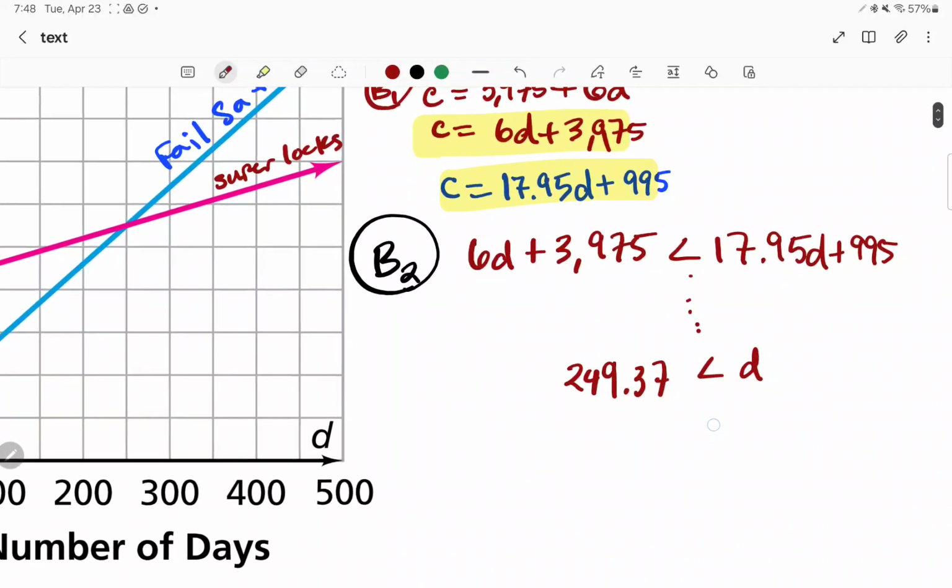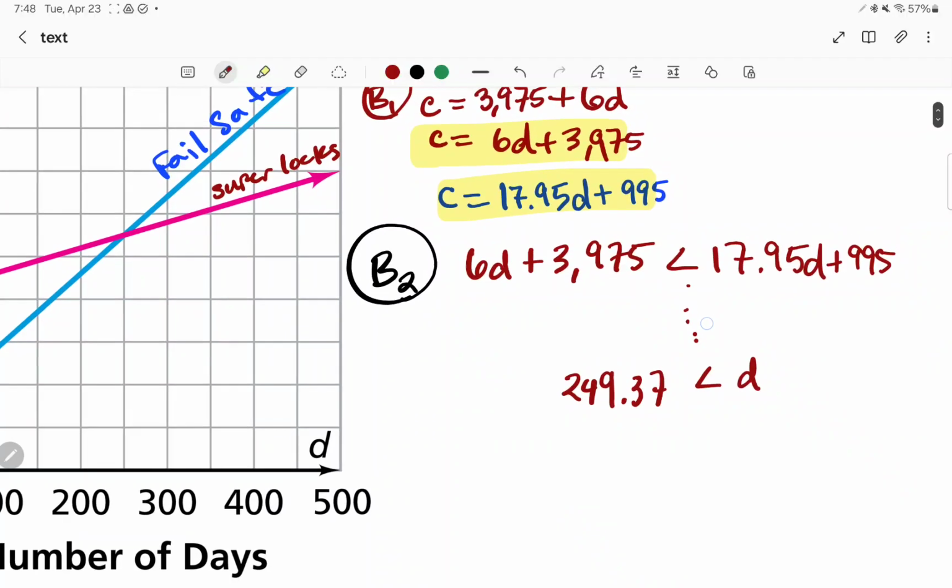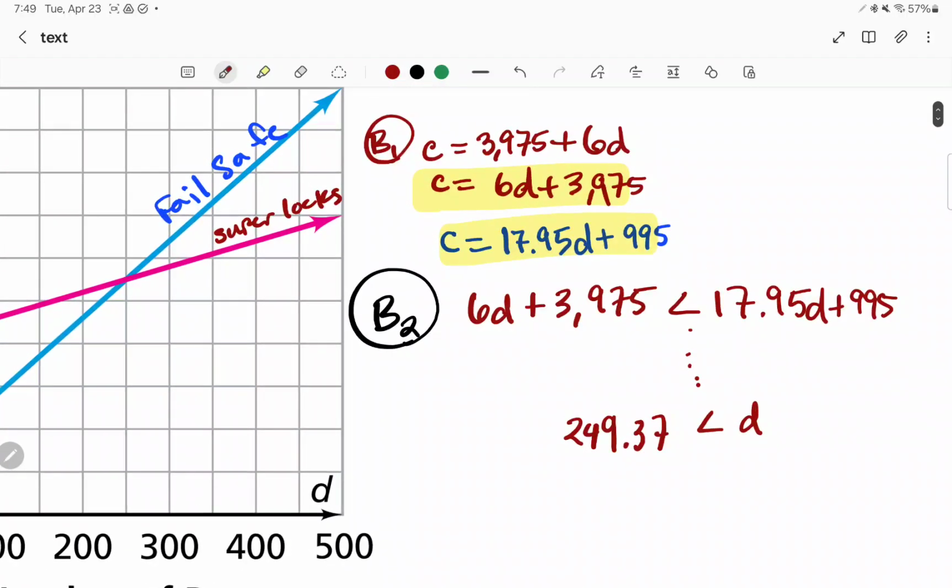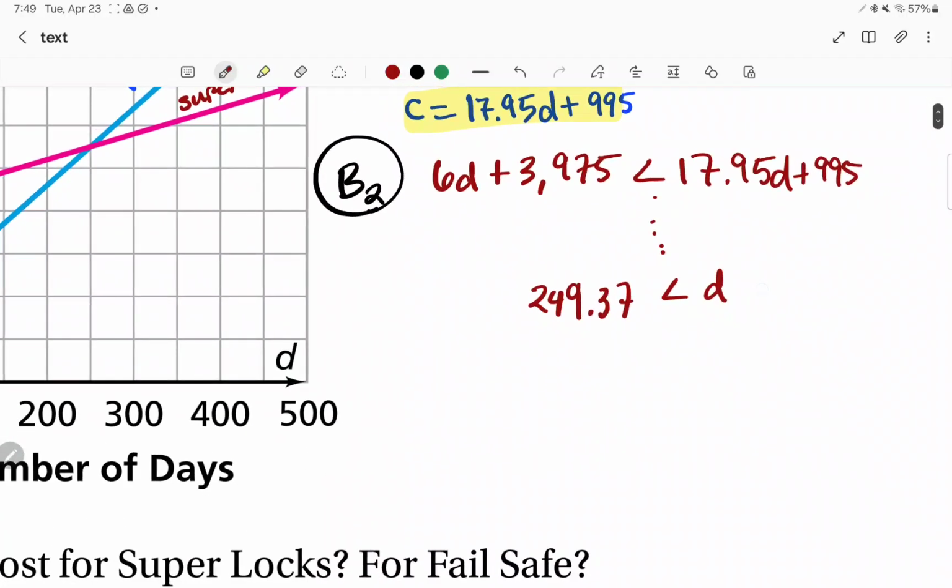And then the second one is it's the other way around. We're setting, hey, when is the Failsafe going to be less? So it's just flipped around. So it's 17.95 times D. And we want to know when that's going to be less than the cost of the other one.